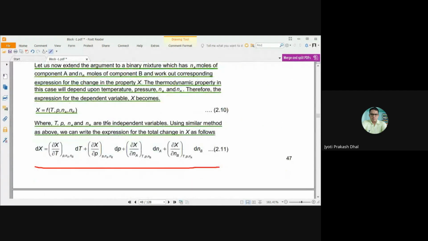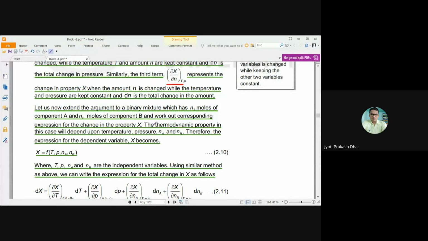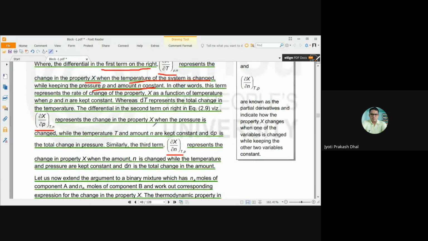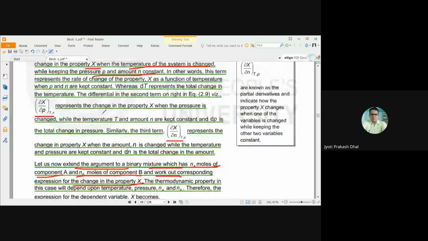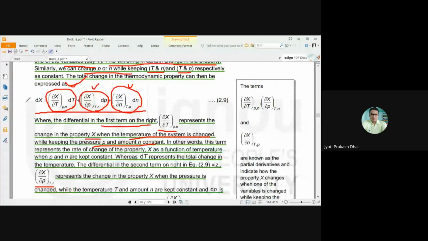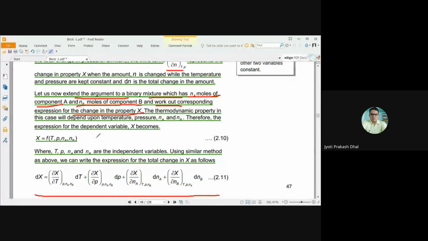Now let us extend this expression to a binary mixture, where Na is the number of moles of component A and Nb is the number of moles of component B, and work out the corresponding expression for change in property X. This was the change in X for a single component system, but here we want the change in the value of X for a binary system.